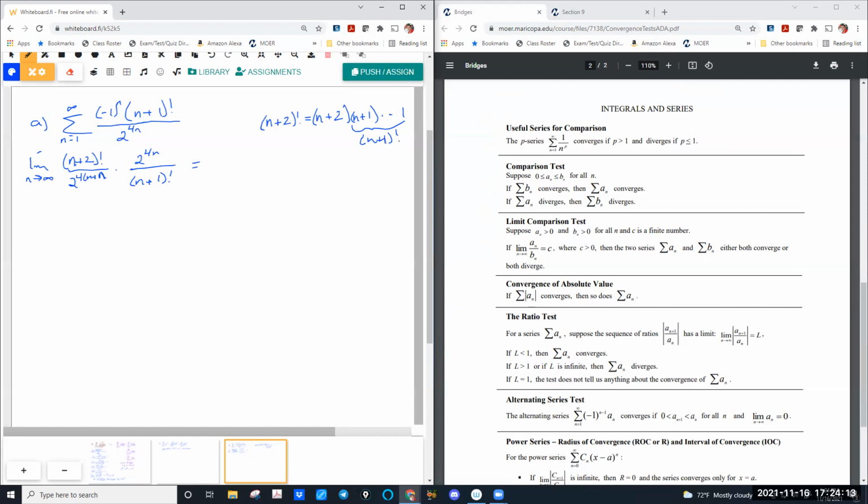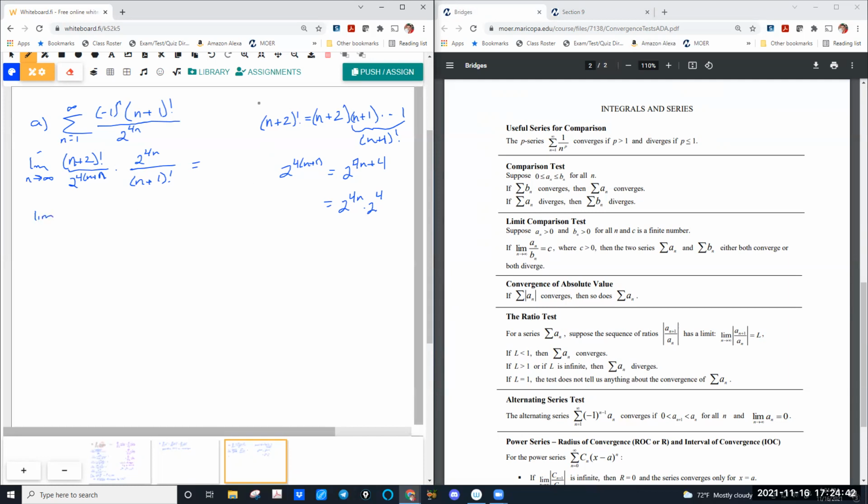Now, the other thing that's going to happen is we have 2 to the 4 times n plus 1, which is 2 to the 4n plus 4, which is the same as 2 to the 4n times 2 to the 4. And then 2 to the 4th is just 16. We can take care of that later. So those are going to be the two things that we're going to do in these steps.